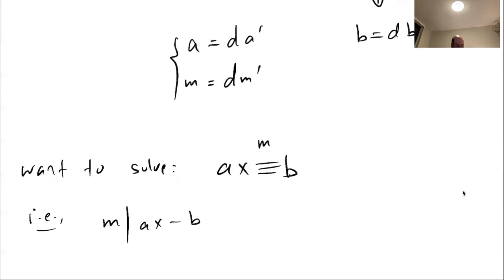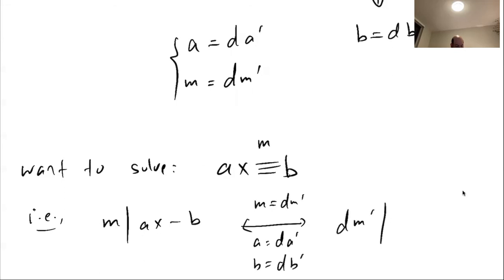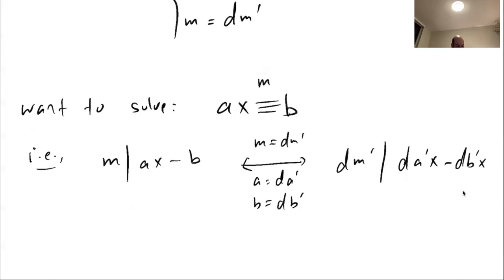So this is the same as saying, because M I can write as DM prime, A I can write as DA prime, B I can write as DB prime, I can write it as DM prime divides DA prime X minus DB prime. Now I can cancel D. Then I get M prime divides A prime X minus B prime.